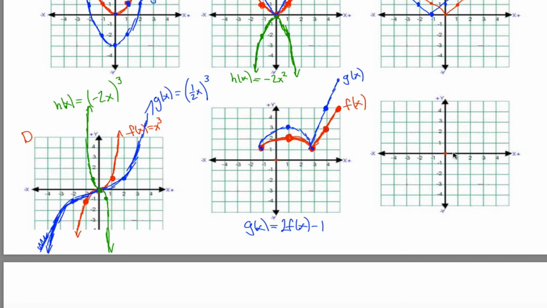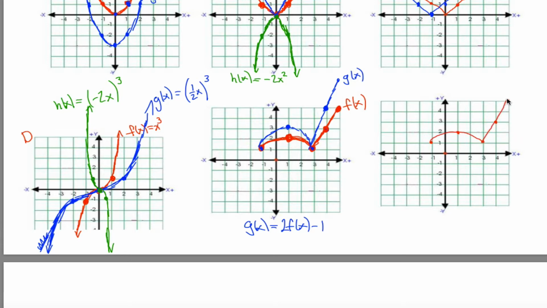So let's start out with, what should we do here? Let's do this same wacky looking graph. So I start out with a point here and a point here and a point here and a point here and a point here. So I'm going to start out with this strange looking f of x graph.